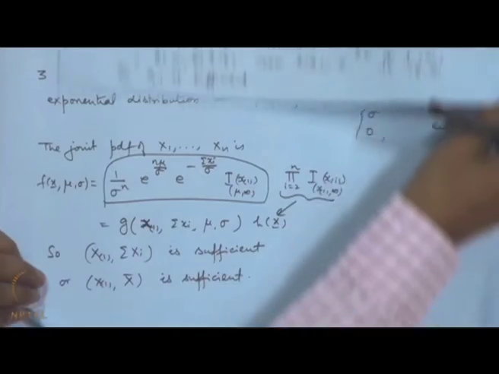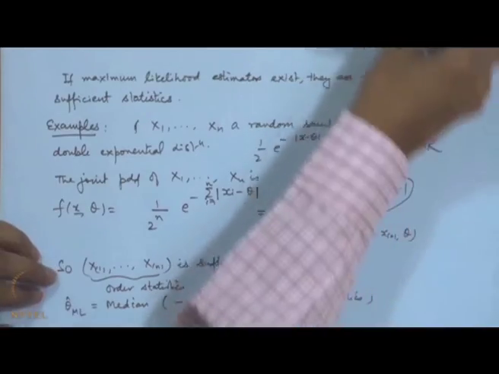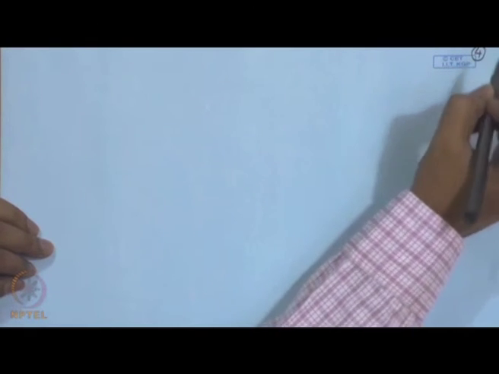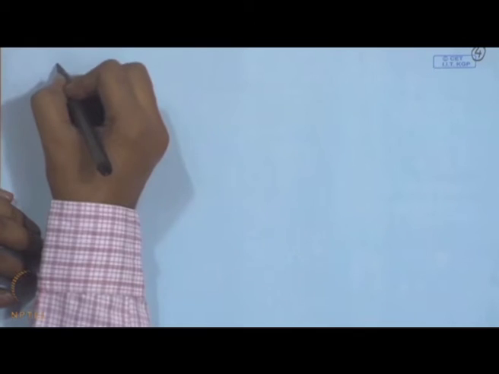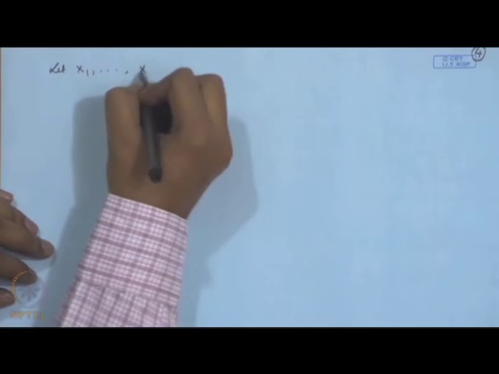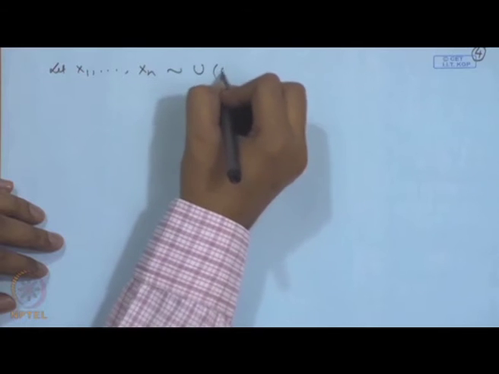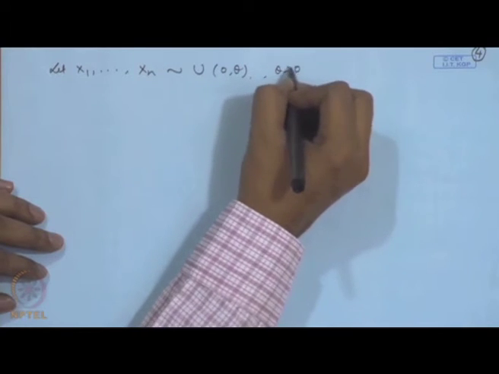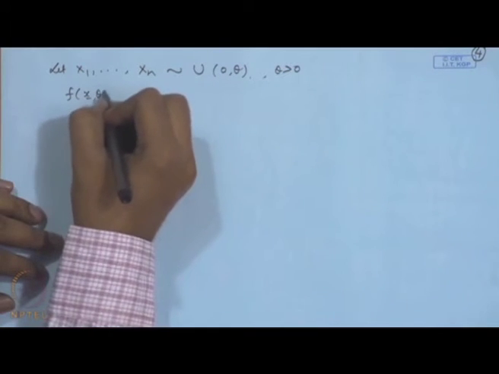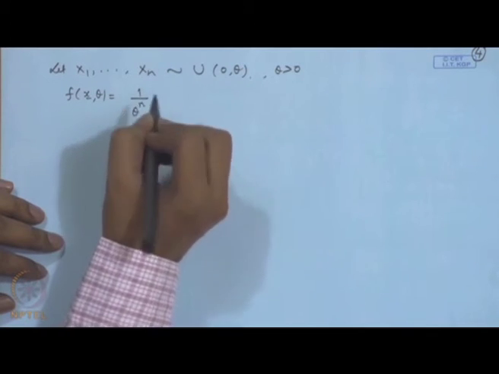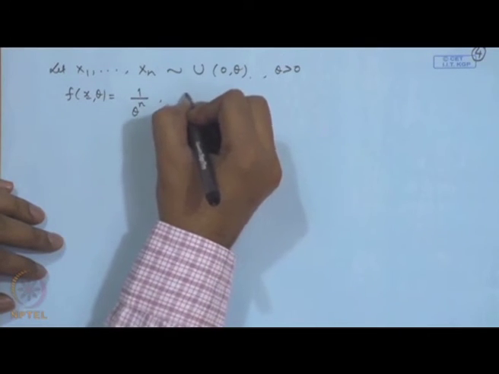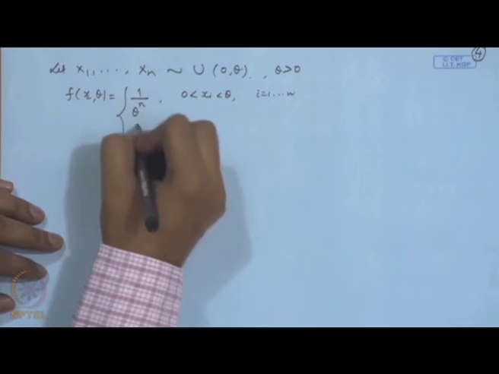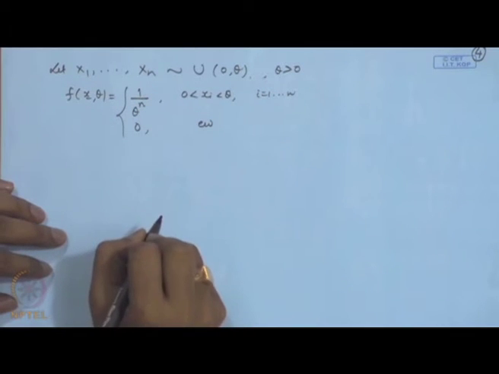A similar phenomenon is observed in the uniform distributions also. Like in the uniform distribution, the range of the variable is dependent upon the parameter. So, let us consider, say, x1, x2, xn, say a random sample from uniform 0 theta distribution. Now, in this case, the joint density is equal to 1 by theta to the power n, and once again each of the xi is between 0 and theta, and it is equal to 0 elsewhere.